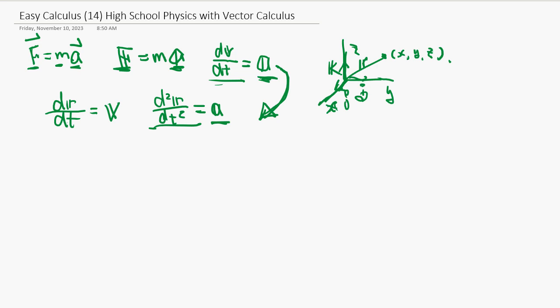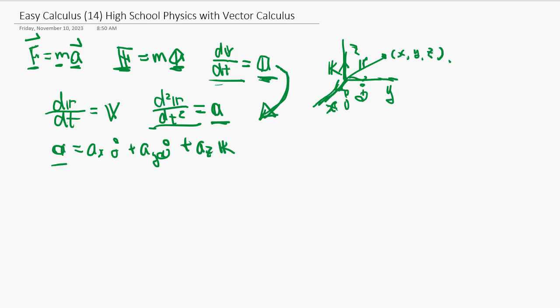Any movement along x doesn't affect the movement along y or z, so a equals axi plus ay j plus az k, right?